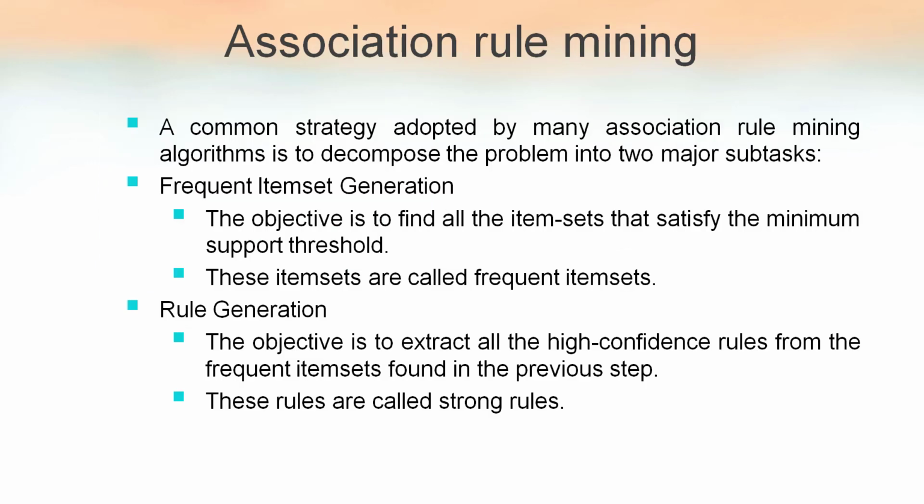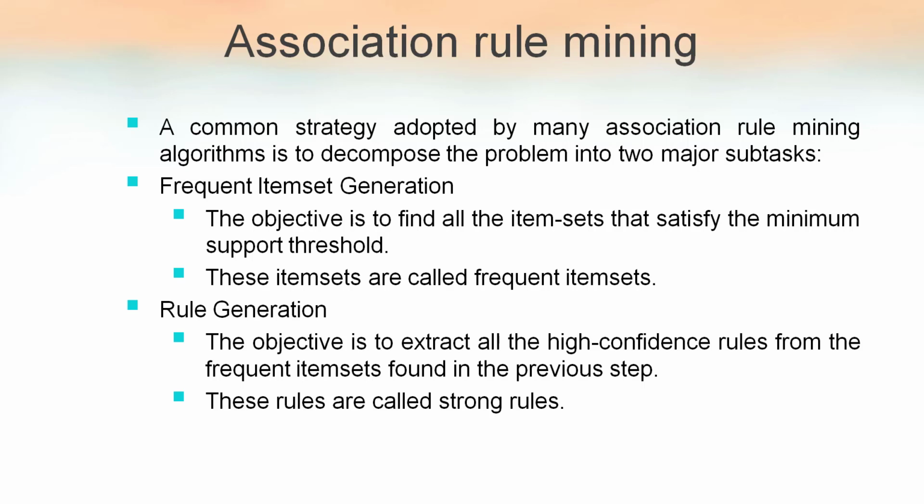Many association rule mining algorithms decompose the problem into two major subtasks. First is frequent item set generation and second is rule generation. Frequent item set generation means we need to find all the item sets that satisfy the minimum support threshold, which is already given in the exam.